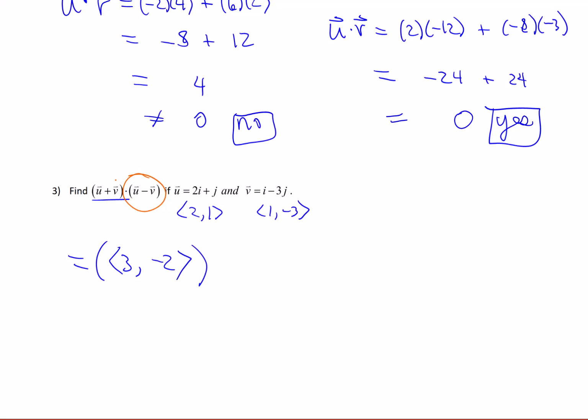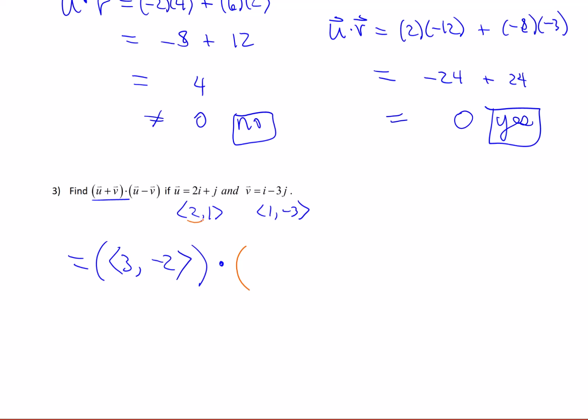The second expression we'll do here is vector u minus vector v. I'll put it in a different color. Of course, we're now going to dot product this result together. So our second result here would be vector u minus vector v. Again, subtraction of vectors means just subtracting their corresponding components in order.